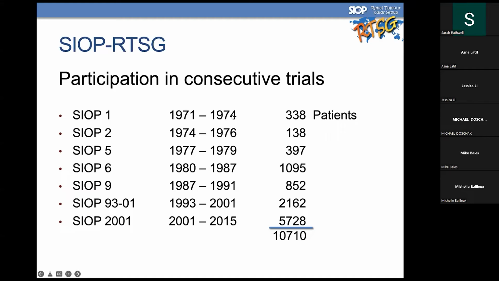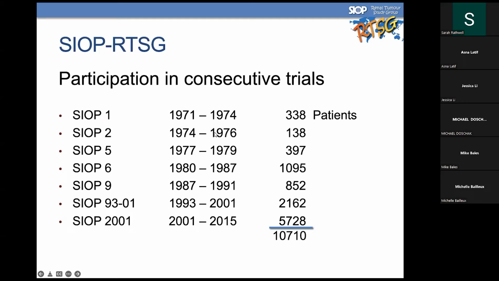And what you can see here is that the number of patients is increasing from one trial to the other, because the outcome is getting better and we need more patients to show in our randomized trials the benefit of new treatments. This is one point.